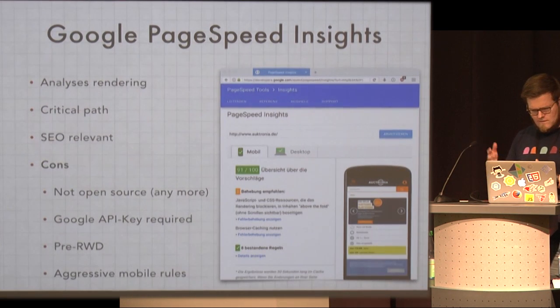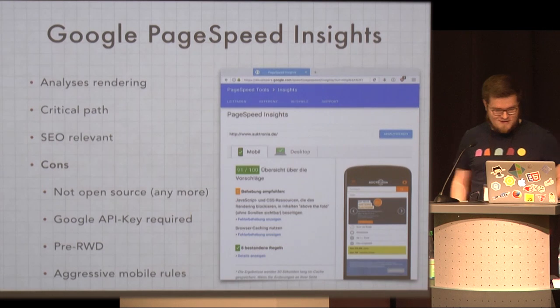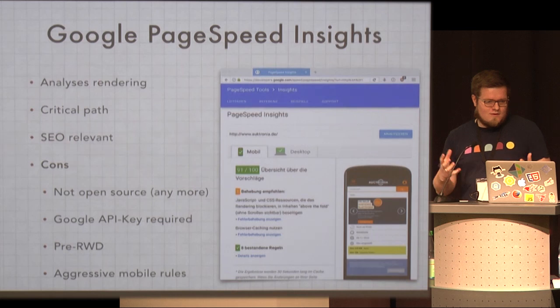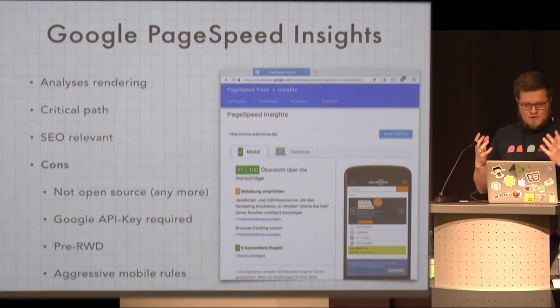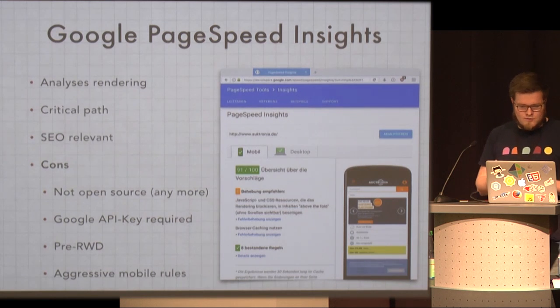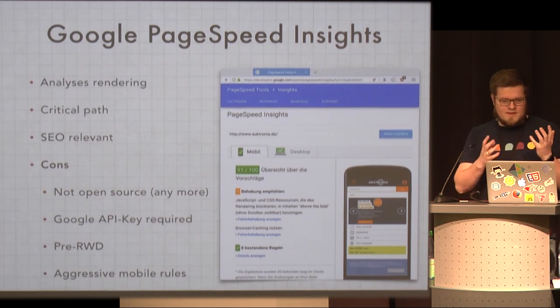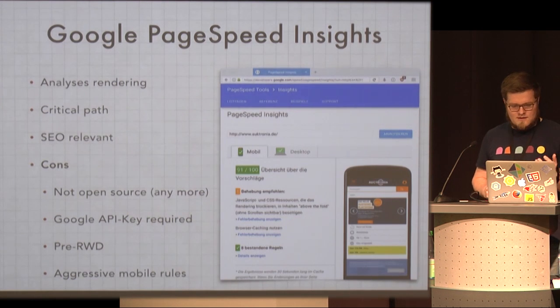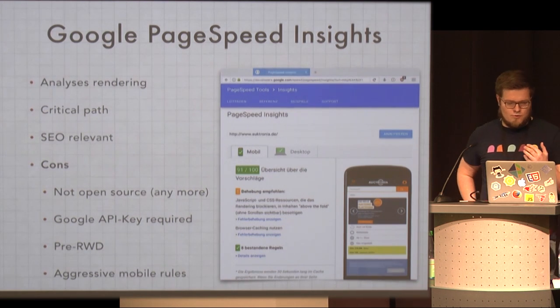The following thing after Yahoo YSlow was Google PageSpeed. So Google took on the same concept, providing a score between 0 and 100 and testing best practices, but they went a little bit further. They also analyzed how the rendering process looked.